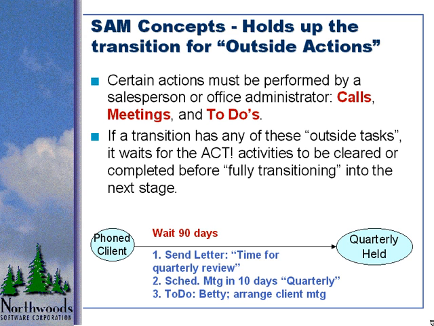So the transition is wait 90 days, or the precondition is wait 90 days, and the actions are send a letter, it's time for our quarterly review, schedule a meeting in 10 days with the title quarterly, and to schedule another thing, a to-do for Betty, the admin, to arrange the meeting, to call the client and really set up the time for the meeting 10 days hence.